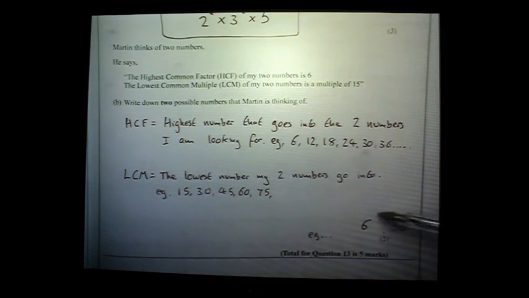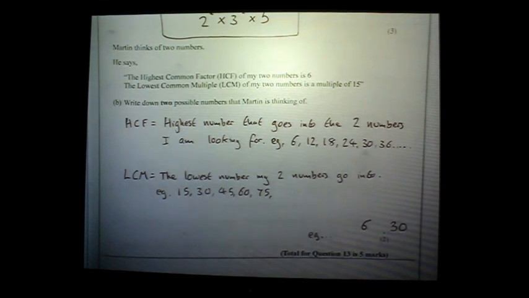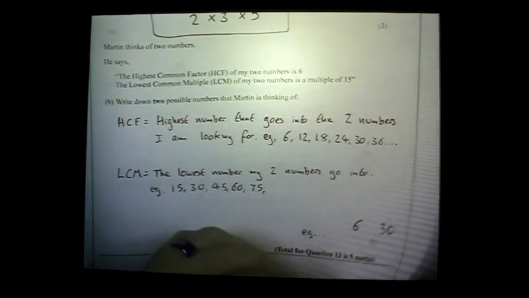I got 6 and 30, because 6 goes into 6, it also goes into 30, and 6 and 30 also go up into 30 there. So that works out quite nicely. Just having a look to see which other ones you could have had. Maybe 12 and 30 you could have had, because they both go into 60. There's a few different combinations, and that's a bit of a nasty question.